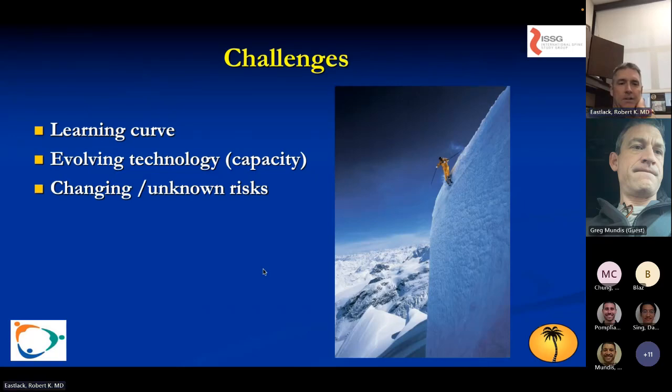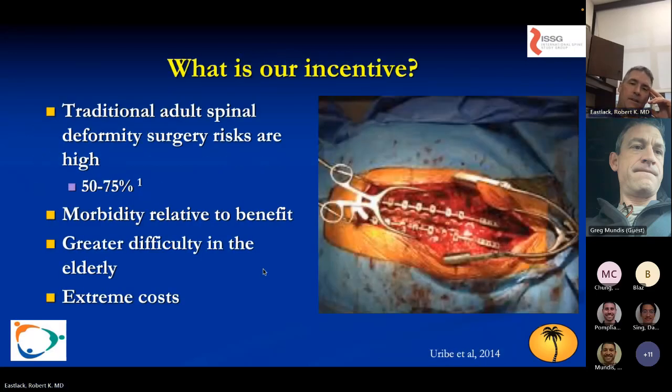And there's a learning curve, of course, and what we understood at the beginning of applying some of these techniques has changed for different reasons, because we've got better at them, the technology's advanced, and with that, there have been changing and sometimes unforeseen risks that we have to reassess.